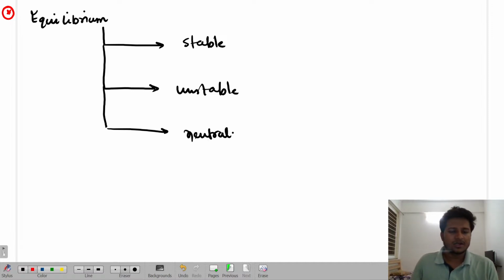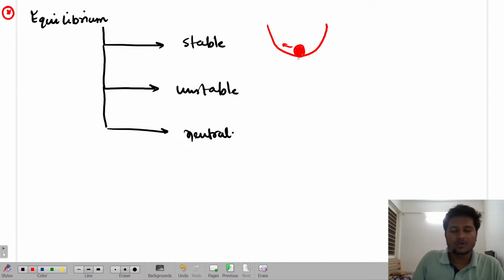The clearer idea is, if I have a hollow sphere and place an object over here, and I displace it a little bit, it will regain its original initial point, and then we call it a stable equilibrium.